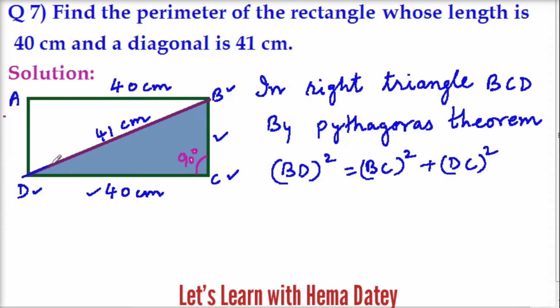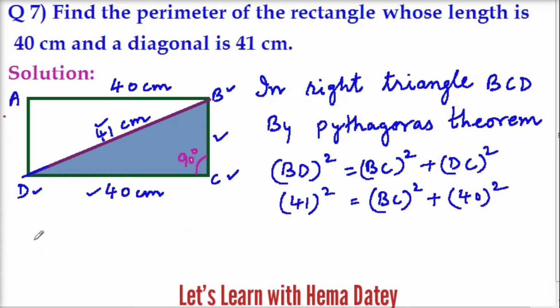Let's put the values. BD is 41 whole square equals to BC is not given, so BC whole square as it is, plus DC is 40, so we'll put 40 whole square.